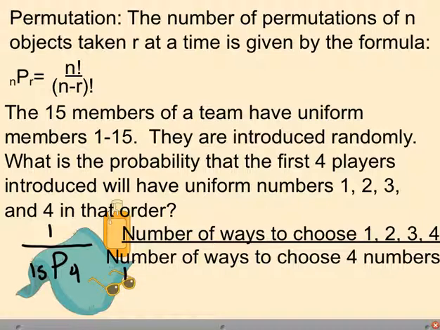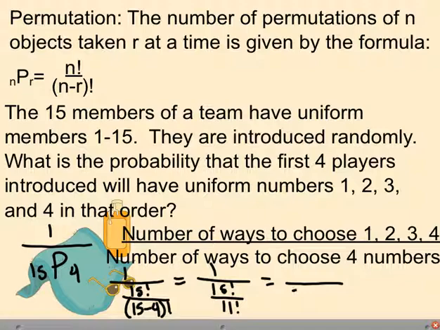Which means I'm going to be doing 1 over 15 factorial over 15 minus 4 factorial, which is 1 over 15 factorial over 11 factorial, meaning that all I'm going to have to multiply together here, since everything else cancels out, is 15 times 14 times 13 times 12. All the others cancel out. And when I get that, I end up with my denominator just being 32,760. And we still have our numerator of 1.